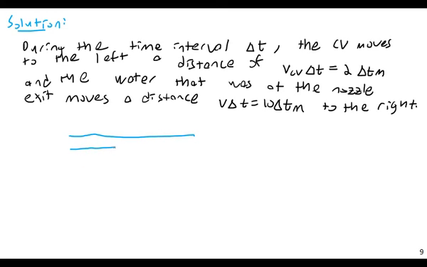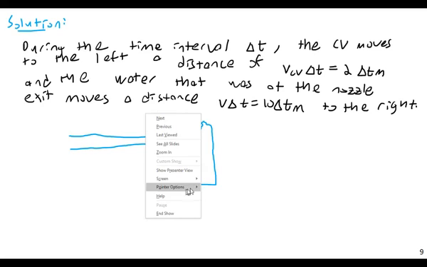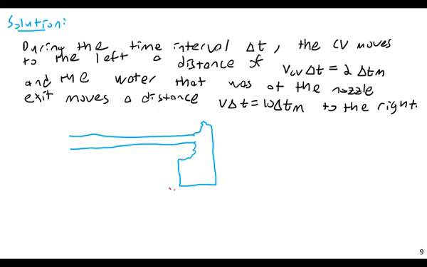So this is going to be at here. I'll draw it out kind of like this here. And this is the part of it that's in the tank. And our control volume then is like here.